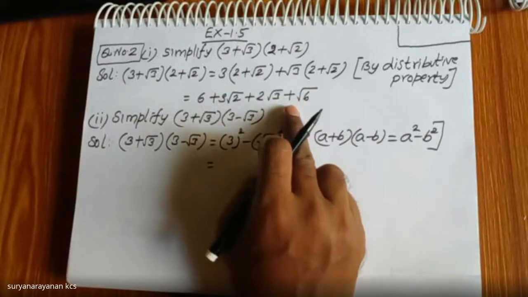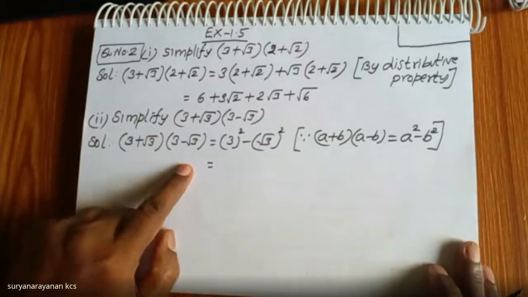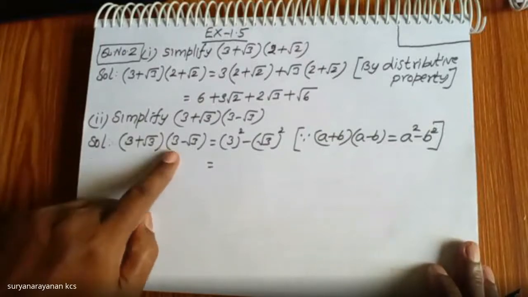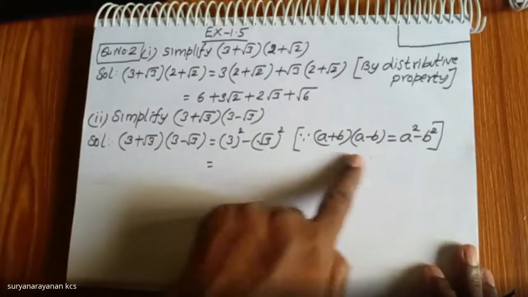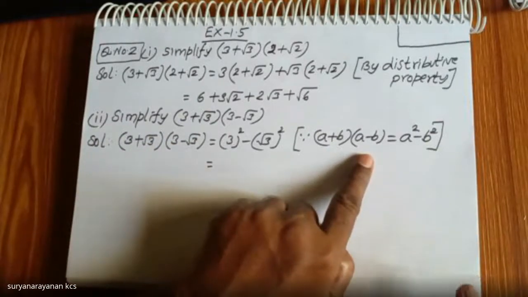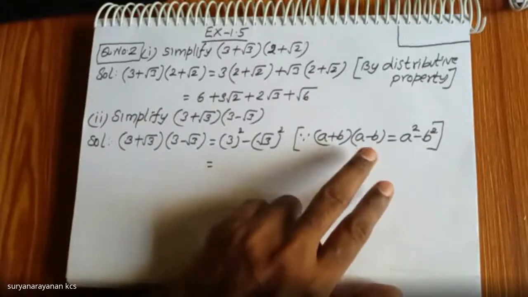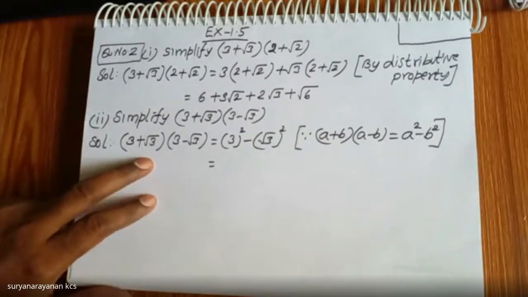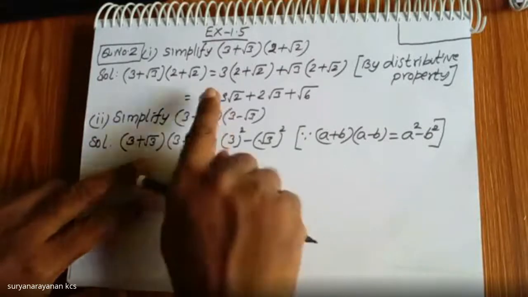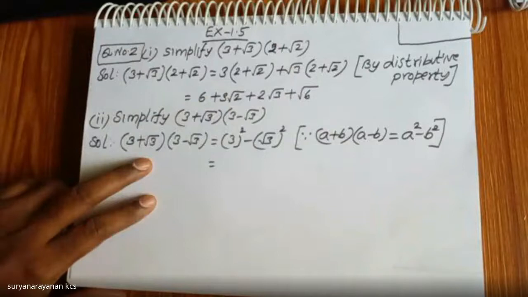If you recognize that they are in the form of x plus y into x minus y, or a plus b into a minus b, then you can use this algebraic identity directly. In case you forgot or are not able to recognize this form, in that case you follow these steps. Otherwise, this is the simplest method.